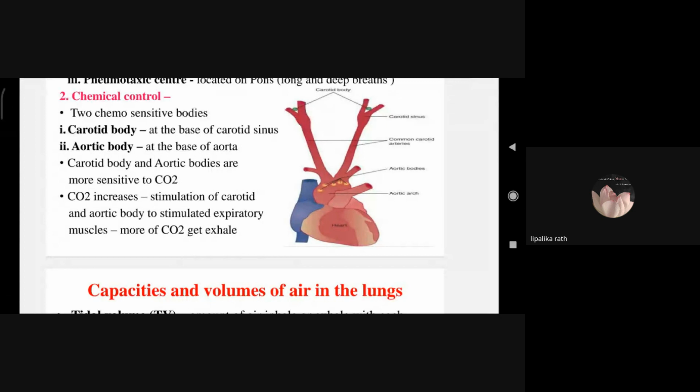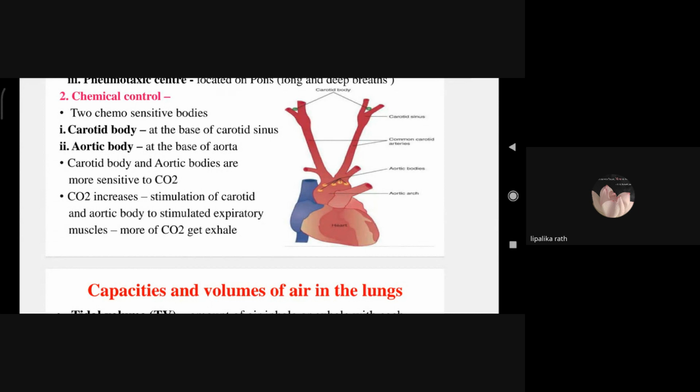When carbon dioxide increases, the carotid and aortic bodies are stimulated, which stimulates expiratory muscles to exhale the CO2. You can feel this when we are performing kumbhak: you feel more eager to expel the air inside you.